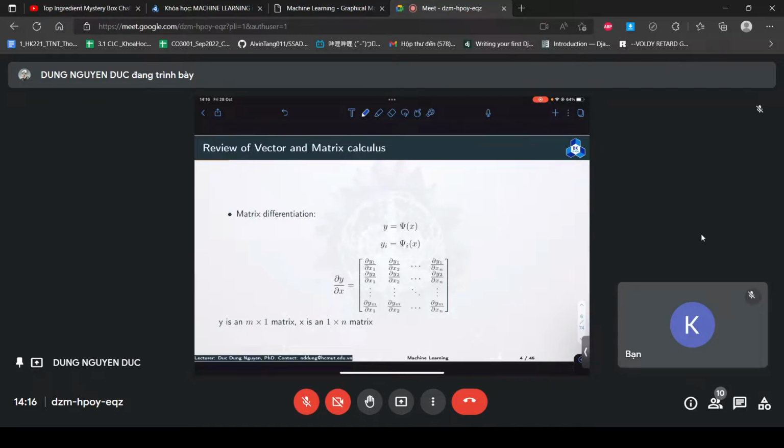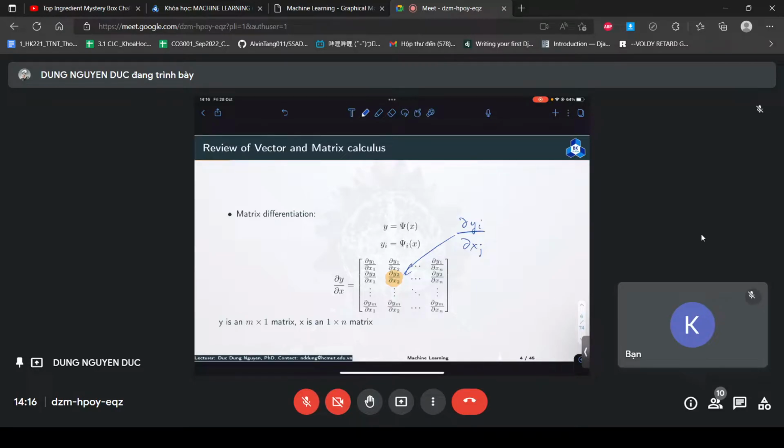By the way, we have to remind something about the derivative. When you take the derivative of some vector with respect to another vector, that is a matrix, because now you have to calculate the derivative of yi over xj, the derivative of component i of vector y with respect to component j of vector x.